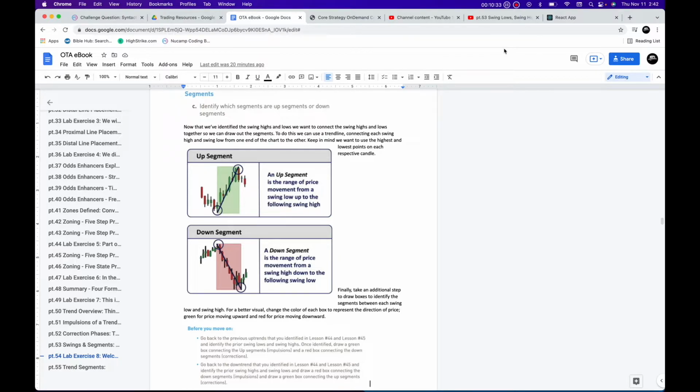Again, these are just basic exercises to develop some muscle memory so that once we start looking at live charts, these things will jump out at us, and we can easily identify them based on the practices and labs that we've already gone through.